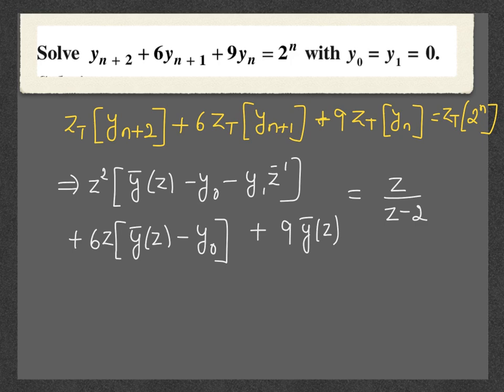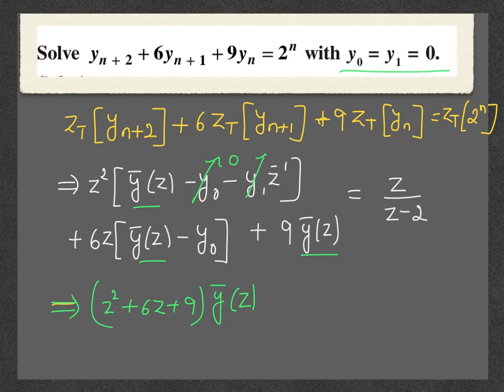So next we group the terms of y bar z first, that is z square plus 6z plus 9 times y bar z, and for the remaining we use the given conditions y0 and y1 both 0, so this is 0.